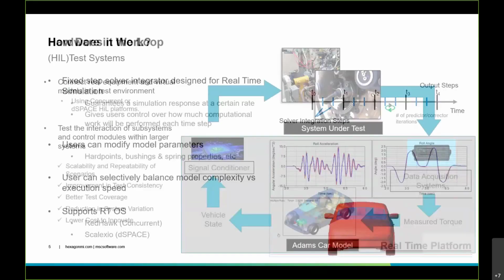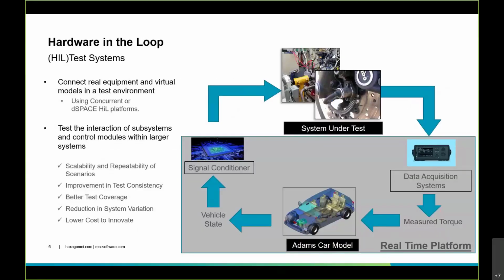In terms of the application areas, when we're talking about hardware in the loop, what we're focusing on here is being able to vet the performance of subsystems, whether it's ABS systems, steering, power transmission, etc., by hooking it up to a virtual vehicle. And obviously, if you're in the industry, then you understand the challenges you face in getting access to prototypes earlier and earlier in the development cycles. It's getting harder and harder.